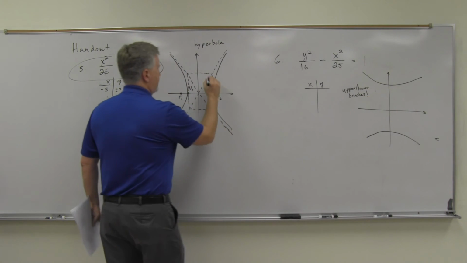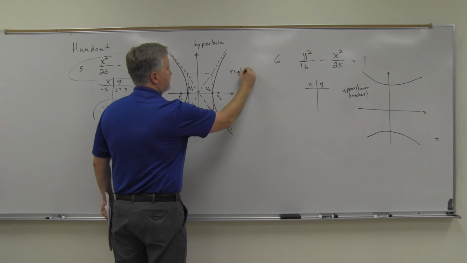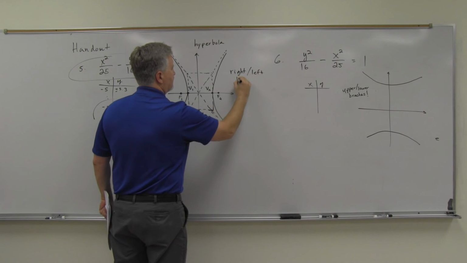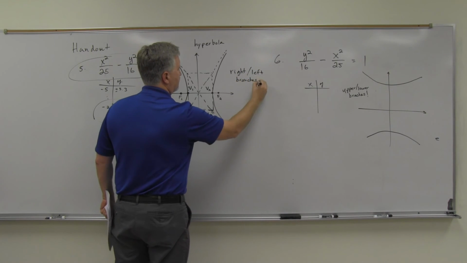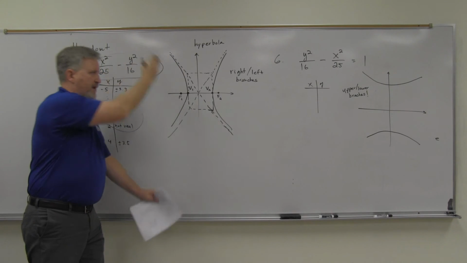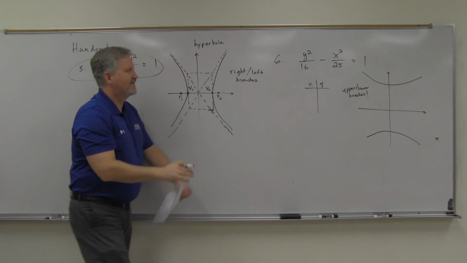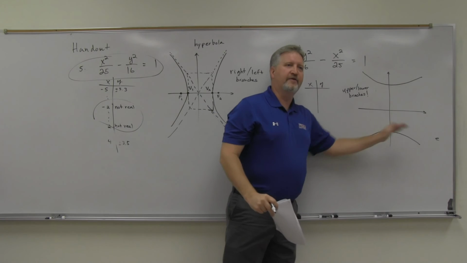This one we say has right and left branches, because there's a branch on the right and a branch on the left. This one has an upper branch and a lower branch.